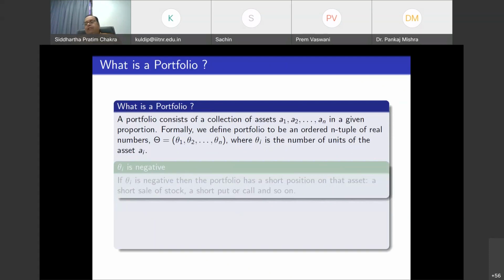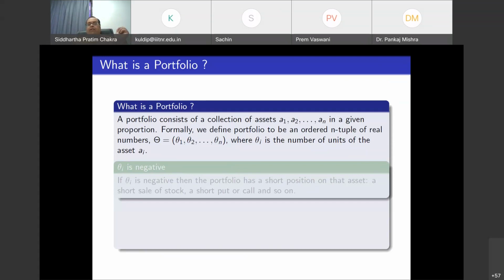So suppose I have assets A1, A2 all the way to An. Think of those assets as being some n number of stocks. Then theta 1 is the number of stocks you have purchased for the first stock A1, theta 2 is the number of stocks you have purchased for the second stock, which I identify as asset A2, and so on.